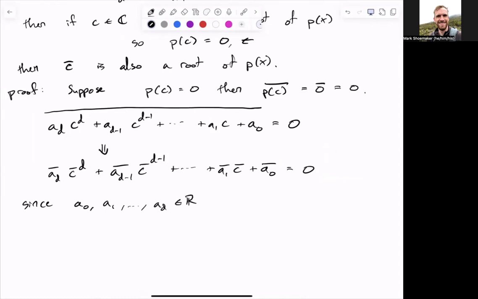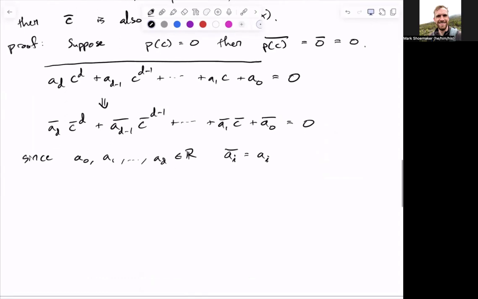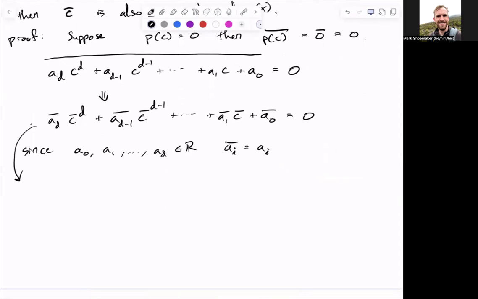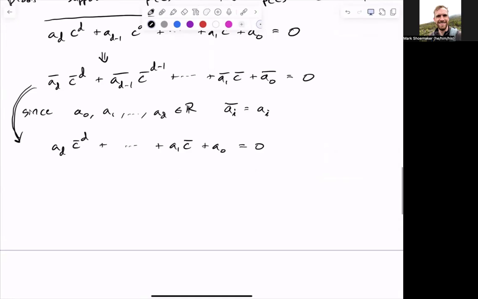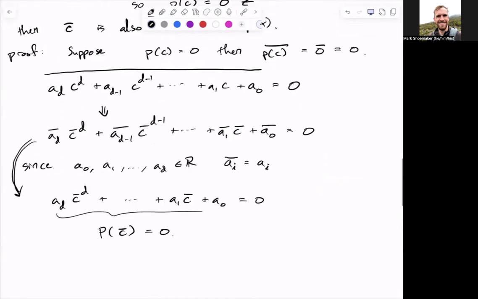Since these are real numbers, their conjugate is just equal to the same number. Conjugating a real number doesn't change it. So the conjugate of a_d is just a_d, and this is just a_d times c conjugate to the d, etc. So this is equal to 0, but you notice that this expression is exactly what I get if I plug in c conjugate to my original polynomial. And so I conclude that p of c conjugate equals 0. Okay, so that's the proof.